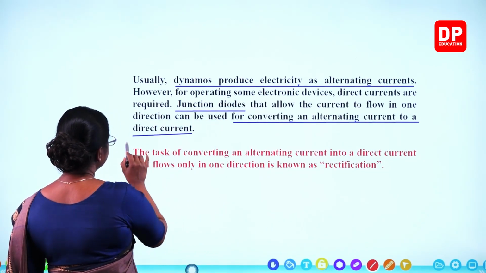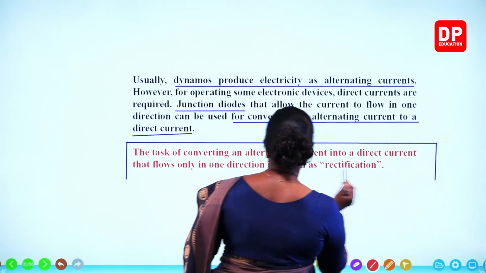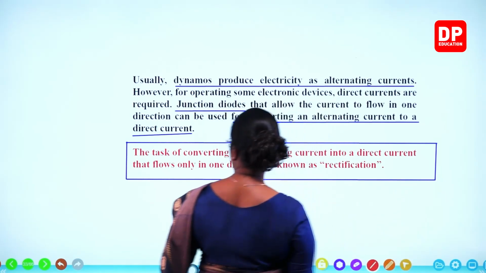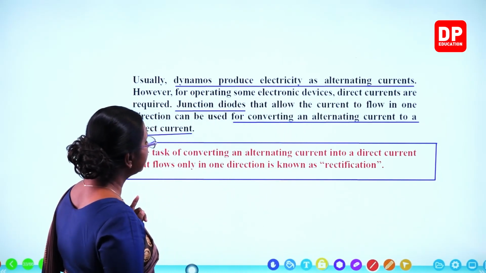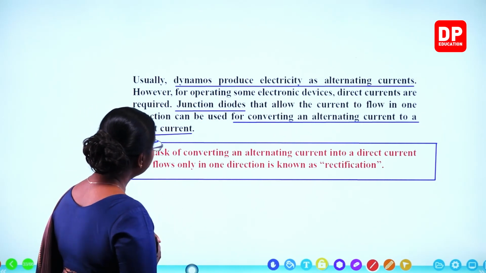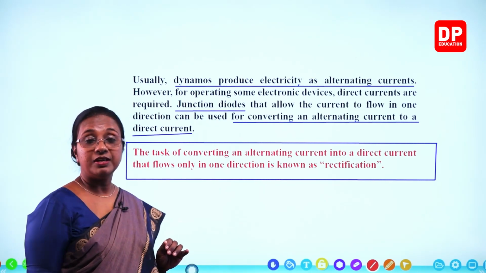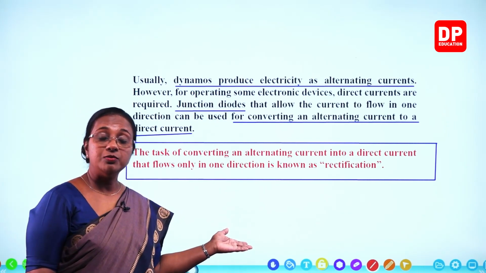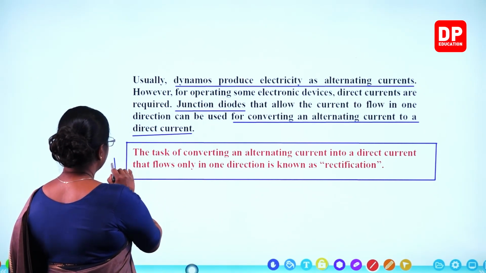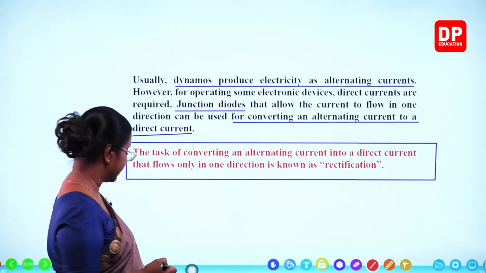And this is the definition or the explanation as to what rectification is. You have to remember that, students. The task of converting an alternating current into a direct current that flows only in one direction is known as rectification. So we will be doing this rectification using the diodes. That is important. So then I'll move on to the next slide.